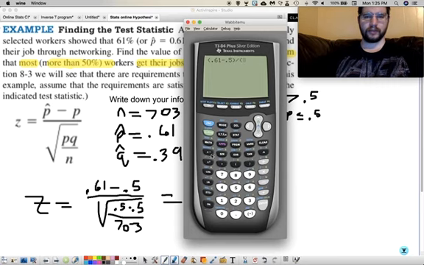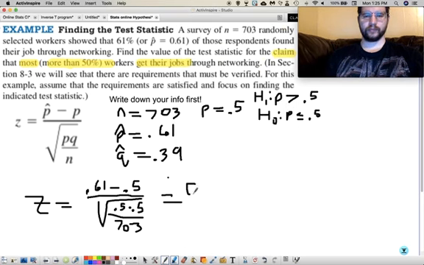Denominator in parentheses. The numerator of the square root in parentheses. Denominator of the square root in parentheses. Close my square root. Close my denominator. I get 5.83.